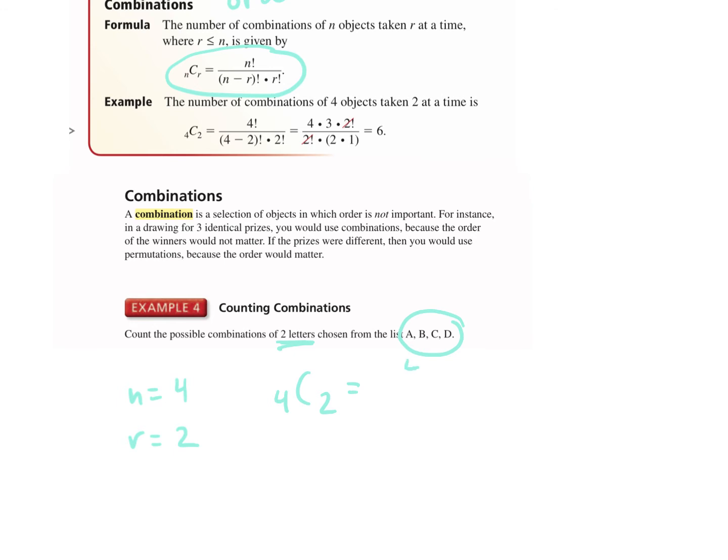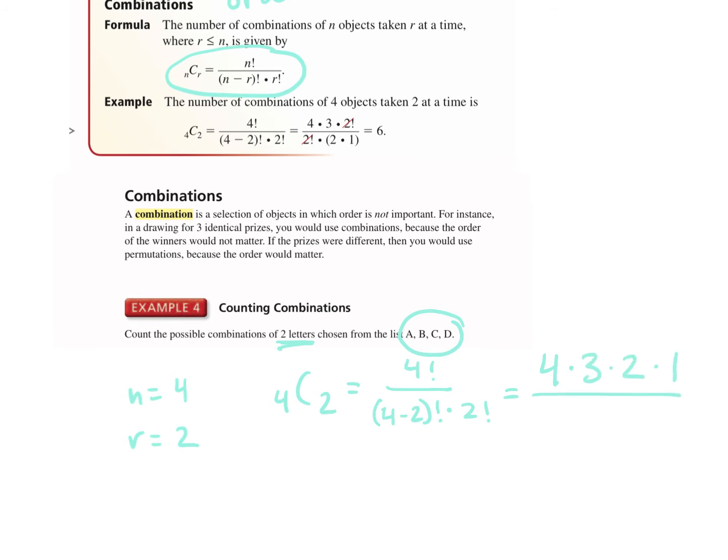So on top we have 4 factorial. On the bottom we have N minus R, so that would be 4 minus 2 factorial times 2 factorial. So 4 factorial on top would be 4 times 3 times 2 times 1.